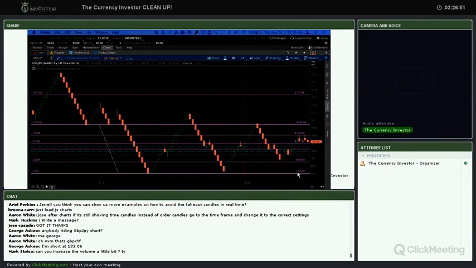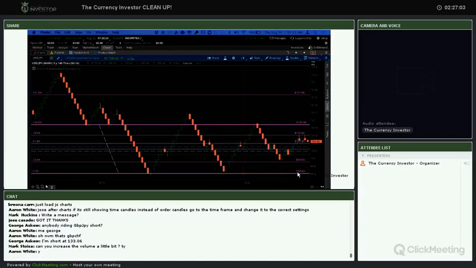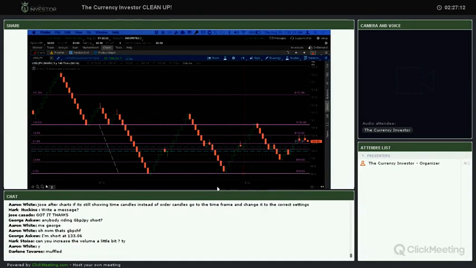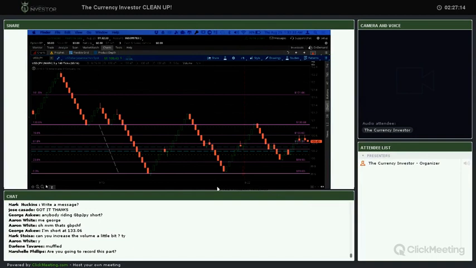Just increase the volume. So if you can hear me clearly, let me know. You guys are hearing me loud and clear. Let me see if I can put a headset on. Okay.